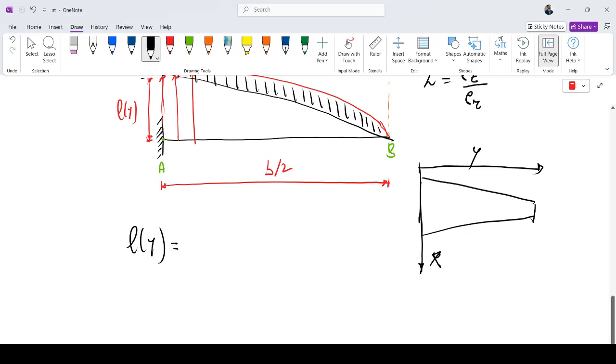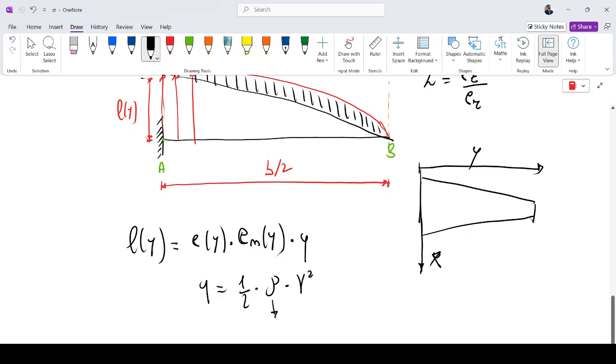Okay, L as a function of y is equal to c of y times Cn of y times q. q is the dynamic pressure. q is equal to 1/2 times rho times V squared.